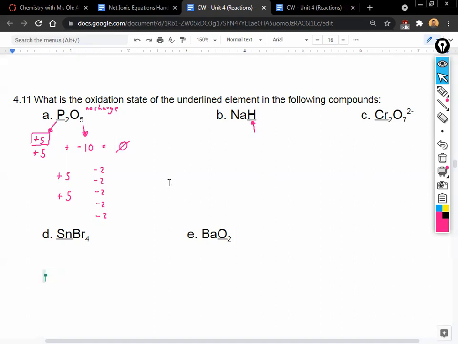Yeah, we're going to use rule 3, part B. Hydrogen is going to be +1 when it's bonded to a nonmetal and -1 when it's bonded to a metal. So sodium is a metal, so what's the oxidation number for hydrogen going to be? -1, exactly. Which means, what does the oxidation number for sodium have to be? +1, right? So that they can equal 0.